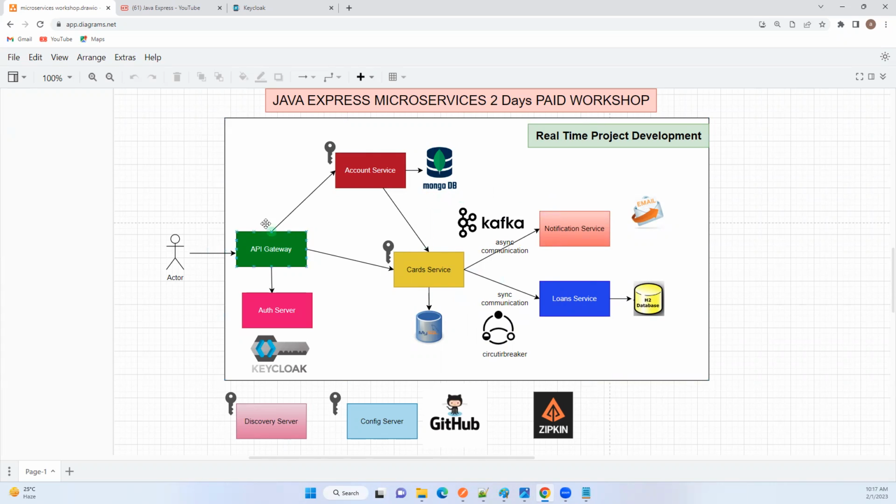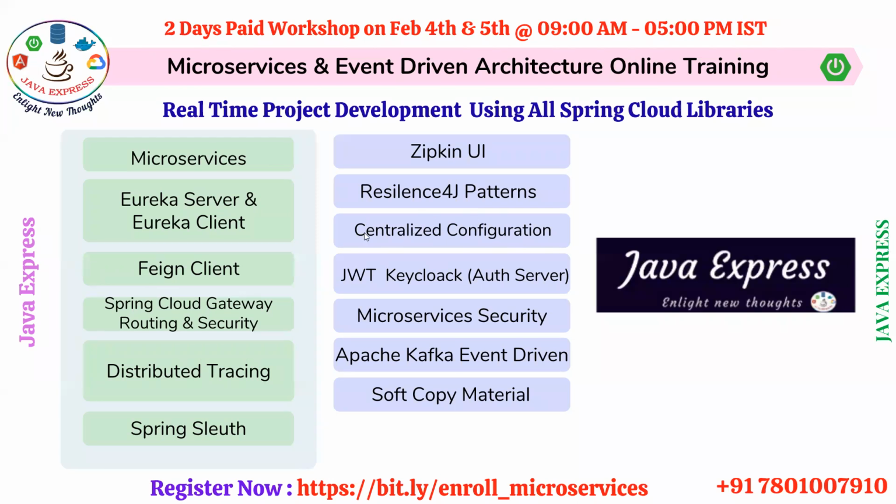Apart from that, if you have all these services, I want to load these configurations from a centralized configuration, where we can import from GitHub, where in Git I will store all our microservices configuration, that we can call a centralized configuration here.